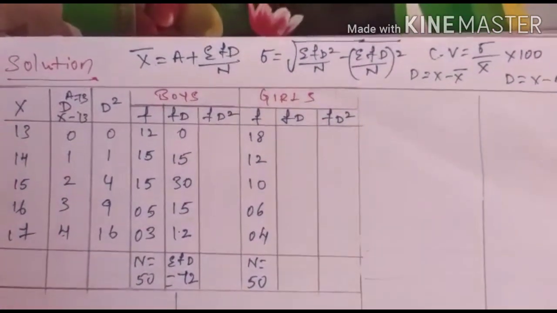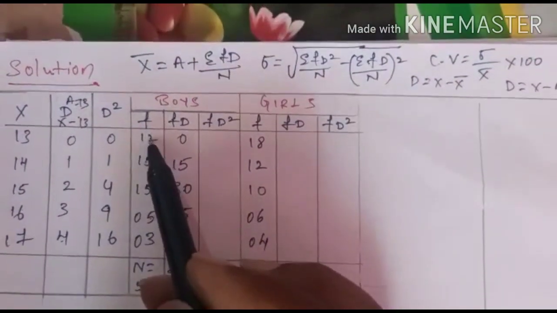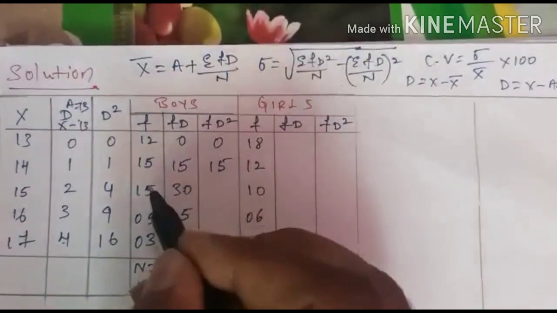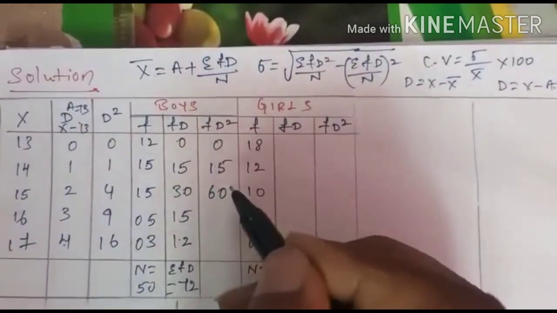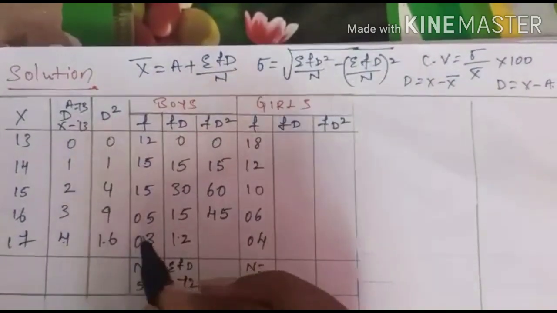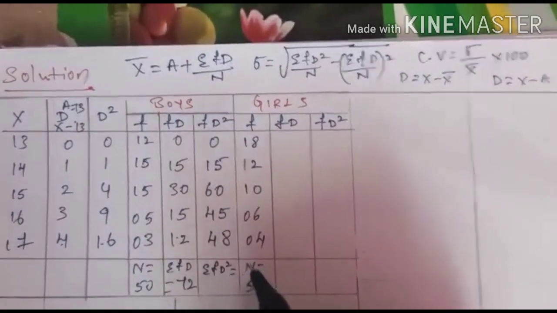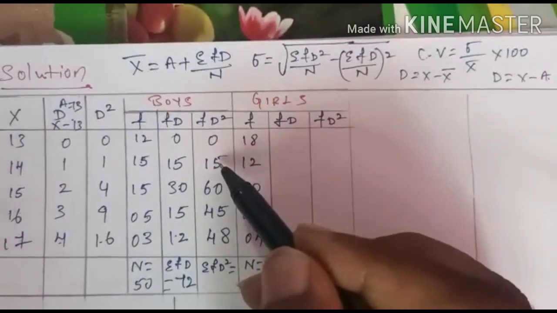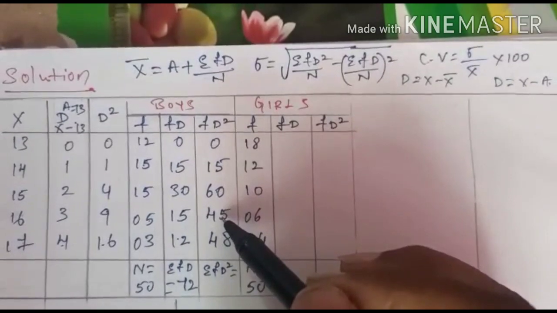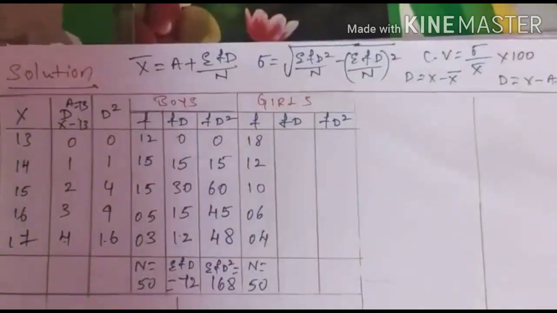Now find fd square, that is frequency into D square. Again 12 into 0 is 0, 15 into 1 is 15, 15 fours are 60, next 5 nines are 45, 3 sixteens are 48. Now add, sigma fd square: 60 plus 15 is 75, 75 plus 45 is 120, plus 48 gives 168.